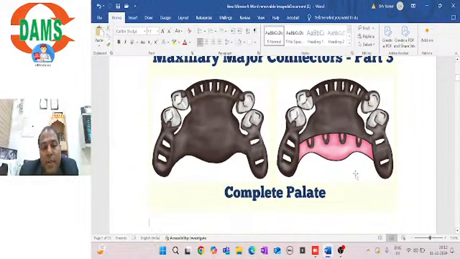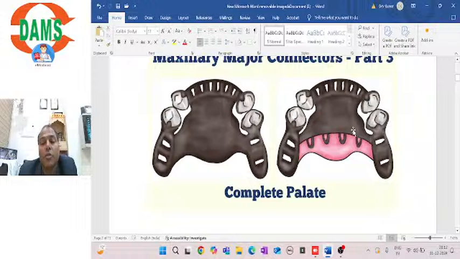Then you see the complete palate, or the complete palatal maxillary major connector. It is indicated when there is a cleft in the palate, or where maximum number of teeth are missing and you require maximum indirect retention and maximum support. There you give complete palate.